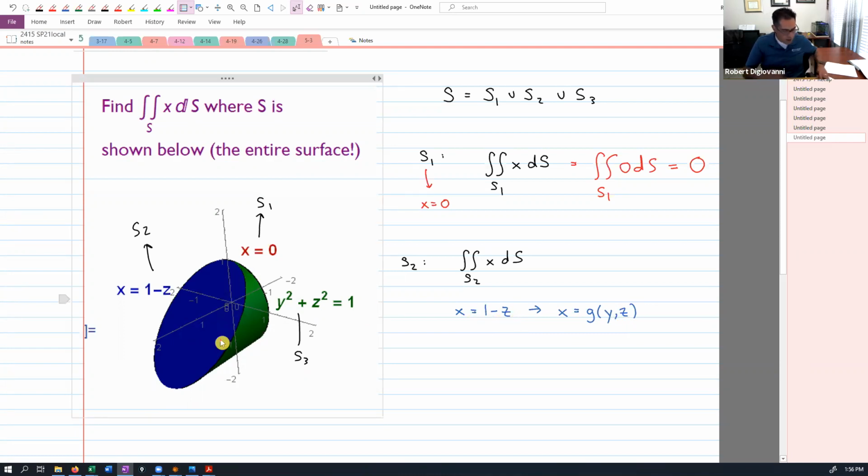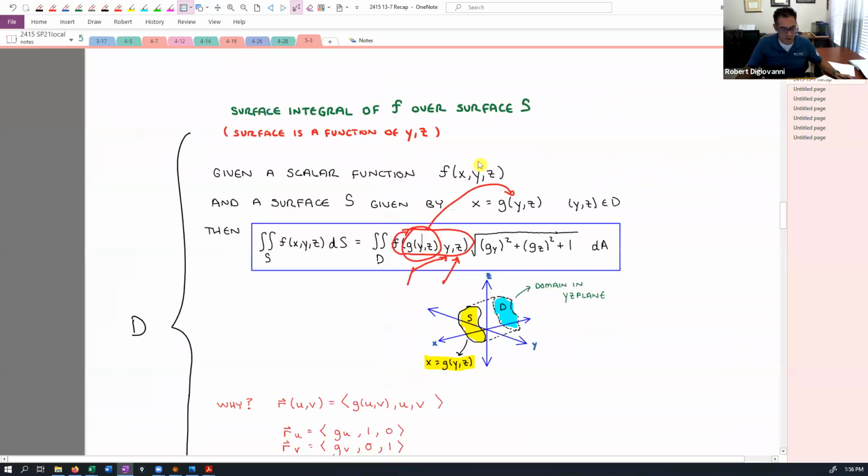So what formula can I use here then? A, B, C, or D? D. I can use formula D. Do I need to show it or do y'all have it? I'll show it for this one.